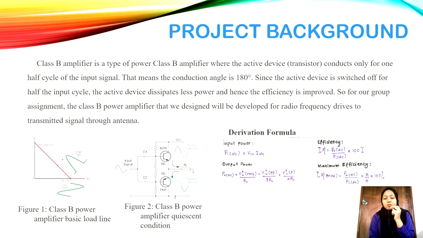This results in one transistor amplifying one half, or 180 degrees, of the input waveform cycle, while the other transistor amplifies the other half, with the two halves being put back together again at the output terminal. Here is the derivation formula for input power, output power, efficiency and maximum efficiency.